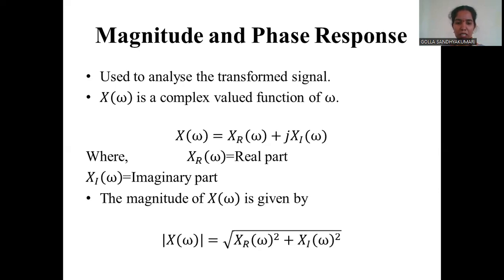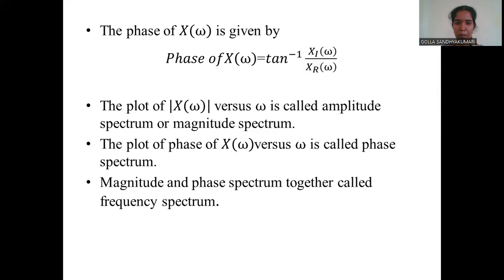The magnitude is mod of X of omega equals square root of Xr of omega square plus Xi of omega square, and the phase of a signal can be represented as tan inverse of Xi of omega by Xr of omega. This magnitude spectrum is also defined as the amplitude spectrum of a signal. The magnitude and phase spectrum together can be represented as the frequency spectrum of a signal.